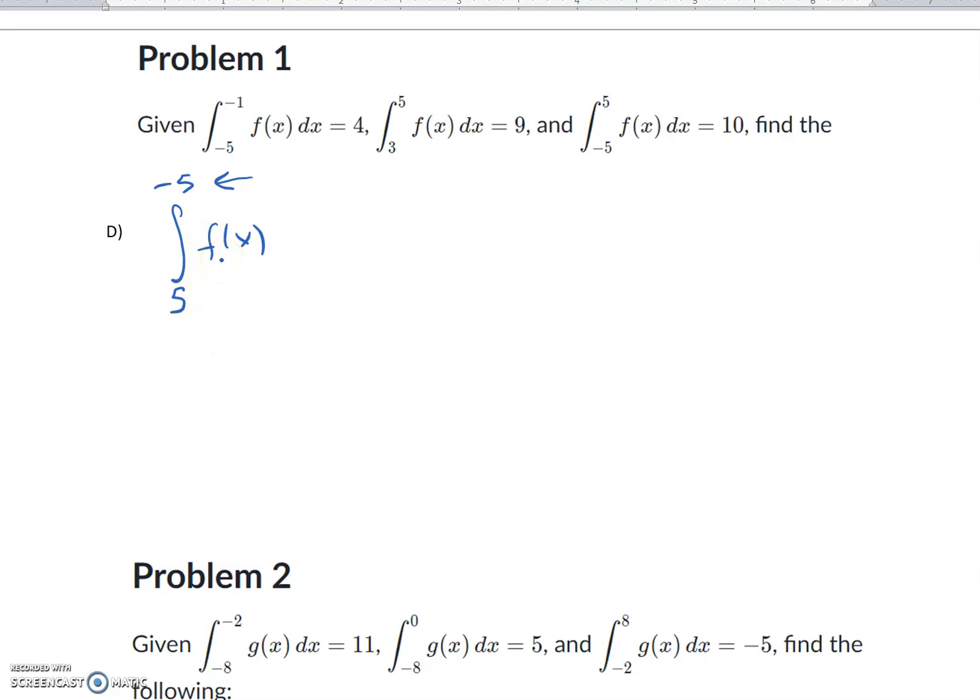So with the property that we saw above, if we just switch the upper and lower bounds so they are in increasing order, meaning the lower bound is smaller than my upper bound, the outcome just becomes negative. Because here, you're taking a smaller area and you're subtracting a bigger area, which will end up being negative.